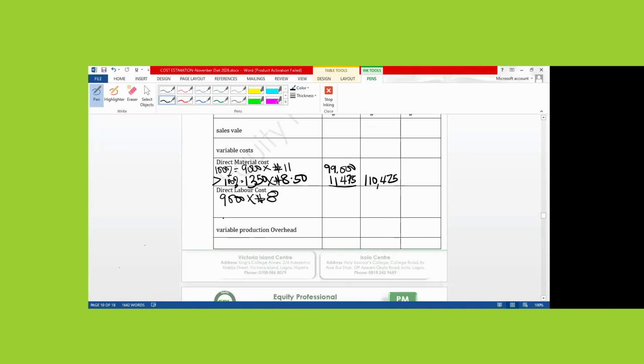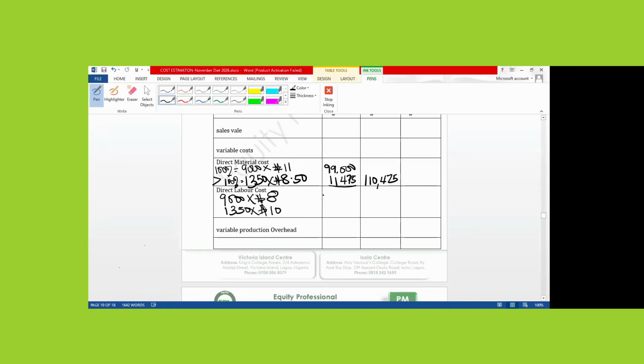Labor will be paid 8 naira per unit when labor works within 100%. The balance out of 10,350, we have produced 9,000, balance is 1,350. The labor will be paid 10 naira per unit to compensate them for going above 100%.